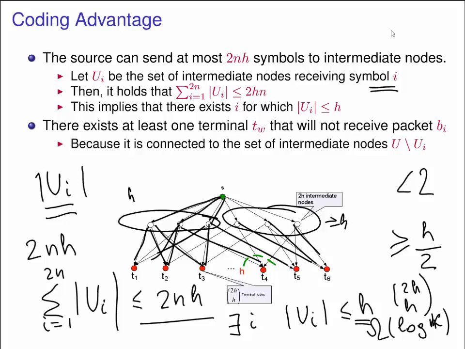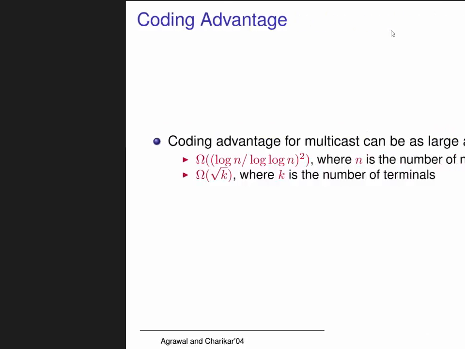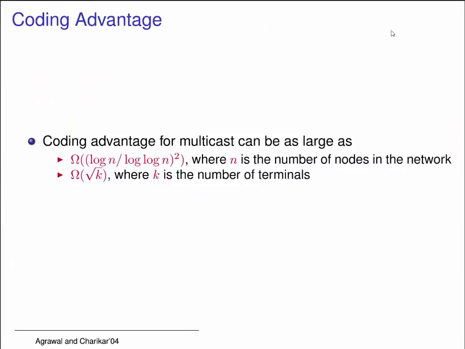So the natural question to ask is, can we do better? And the answer is yes. There are some other constructions. For example, one construction shows that the coding advantage is square root of k. So for this network, the rate achievable with network coding is larger by a factor of square root of k than what we can achieve without network coding.